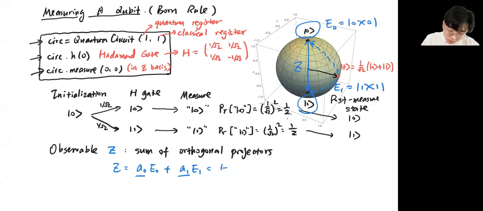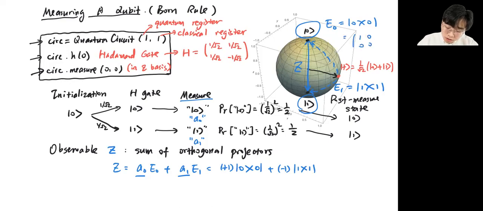In our case, we have +1 for 0, -1 for 1. For this reason, sometimes we say the measurement outcomes are the eigenvalues associated with the qubit state. Now, with this representation, the measurement probability calculation becomes very convenient. The matrix form for the E0 projector is 1, 0, 0, 0. And similarly, the matrix form for E1 is 0, 0, 0, 1.